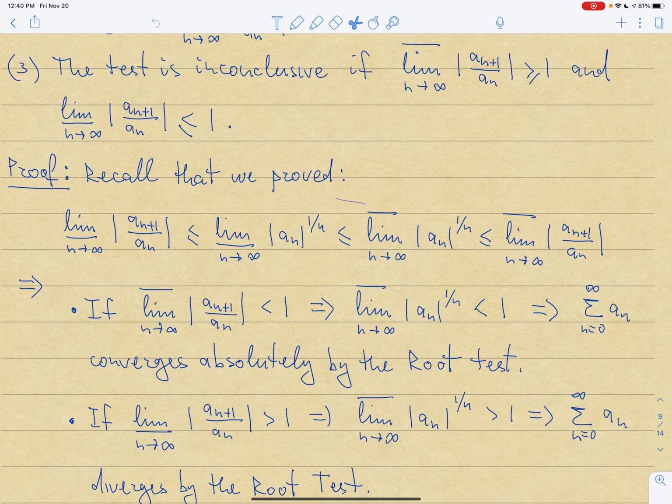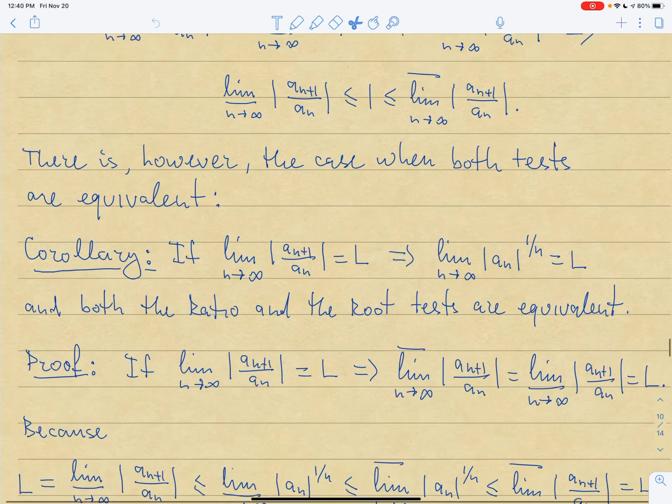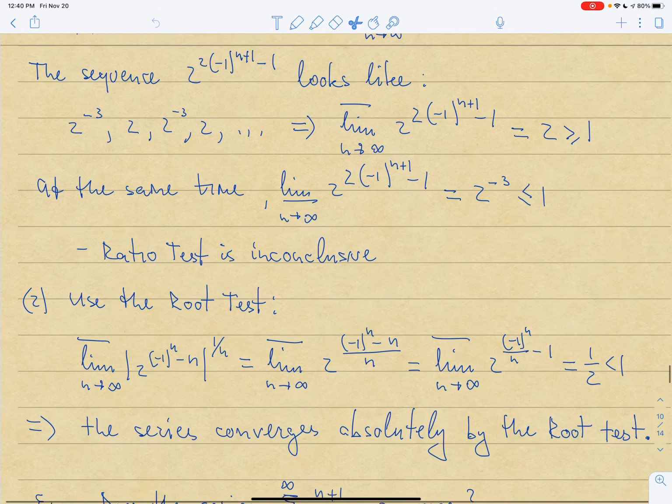But if the limit of the root exists, then it doesn't tell me anything about the limit of the ratio. Then the lim sup does not have to be equal to the limit. And that's precisely the situation in which we found ourselves in this latest example.